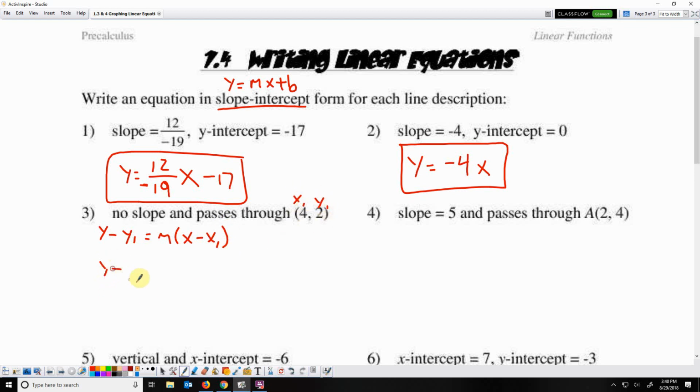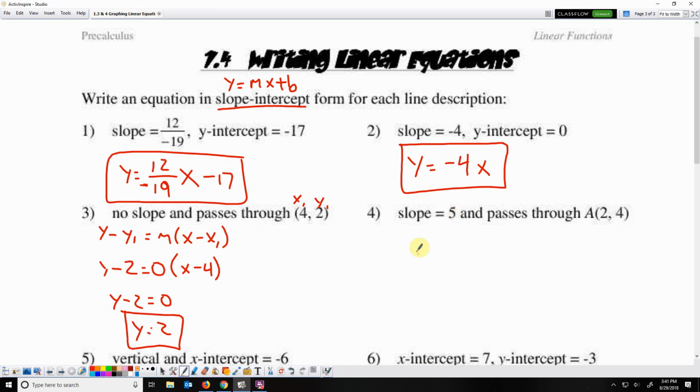So y minus y1 equals m, no slope, 0, times x minus x1, which is 4. 0 times anything is 0. So this side right now is just equal to 0. So y equals 2. We've got a horizontal line, y equals 2.